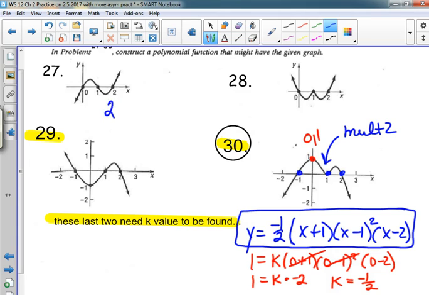This one has no, we just have what? Yes, okay. Because it goes through 0, 0, we can't determine the stretch. So you just need something like that and you're done, right?